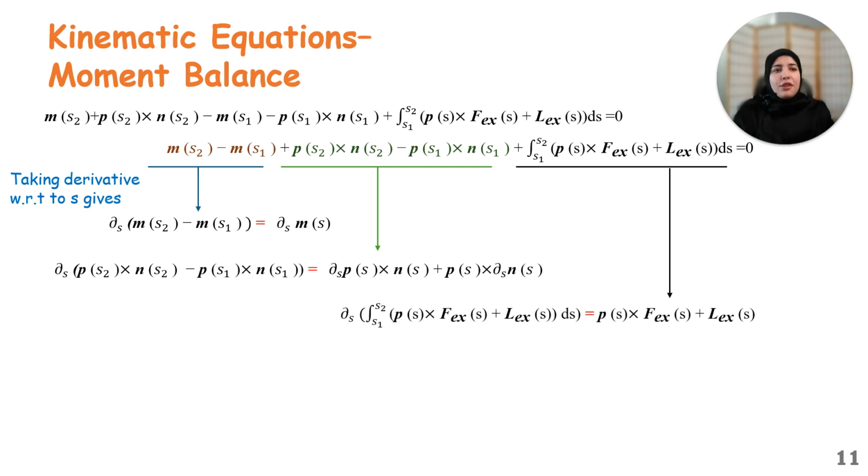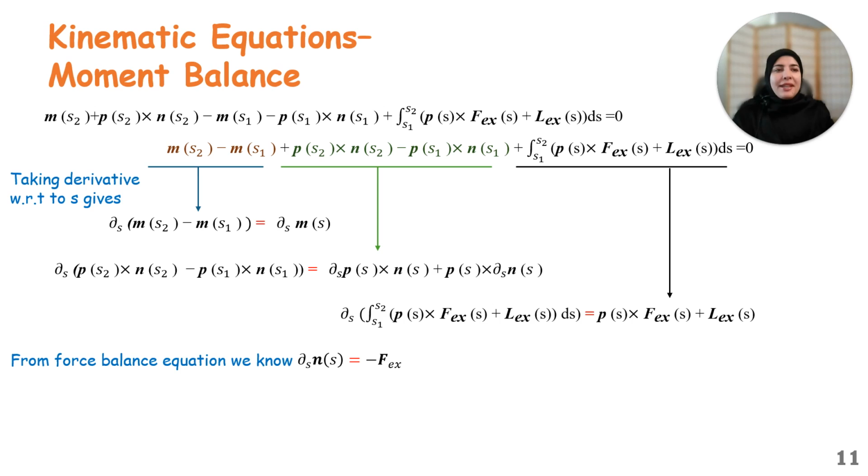When taking the derivative of the third term, the derivative is applied to the integral and cancels it out. So the derivative of the integral equals the cross product of the position and external force plus the external moment. Here I'm gonna take one more step and make the third term consistent with the second one.